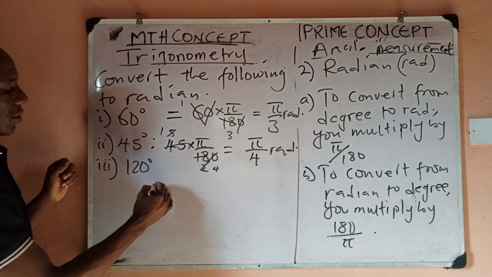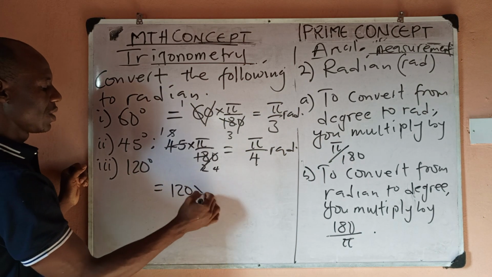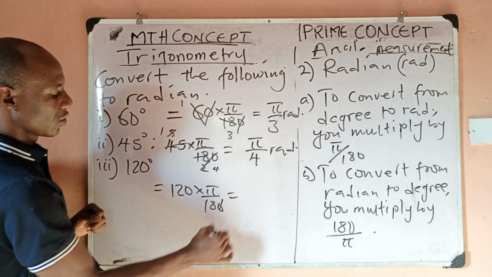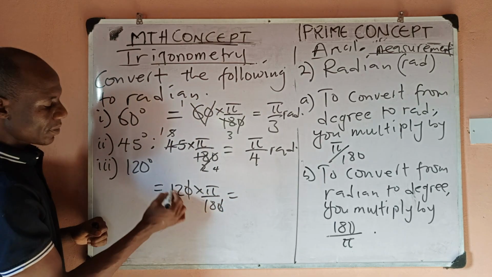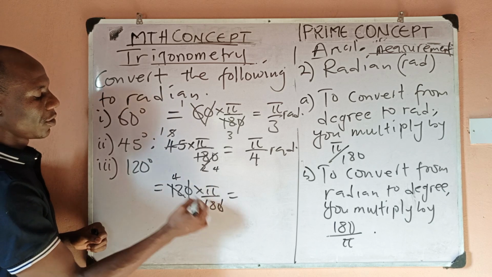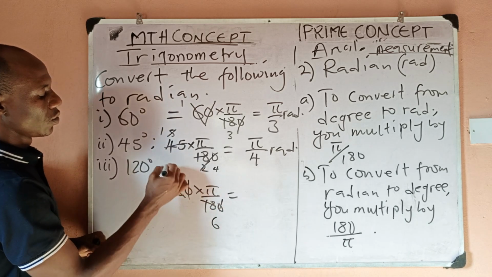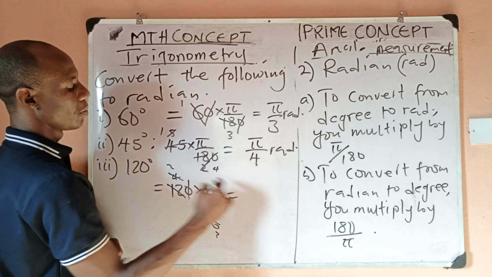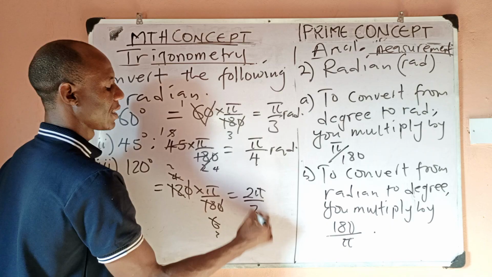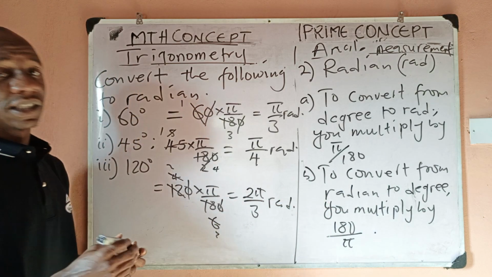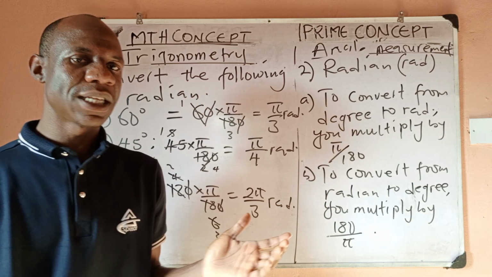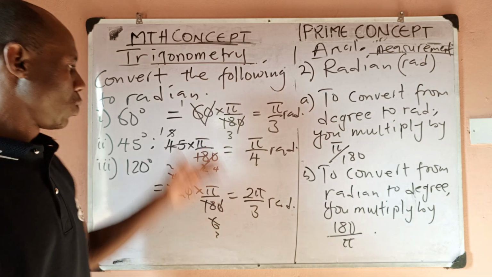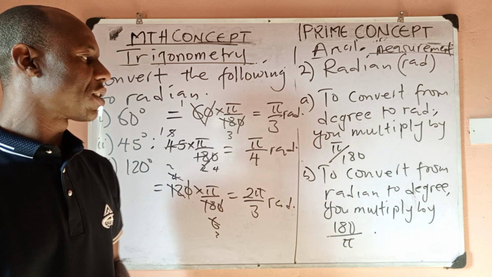Same way, we solve for 120: we have 120 times pi by 180. This is going to give us 2. 0 would go, and 3 here is 4, 3 here is 6, 2 here 2, 2 here 3. So I have 2 pi over 3 radian. So this is how we can convert many other angles, irrespective of how large the angle might look. We can follow this approach of conversion.